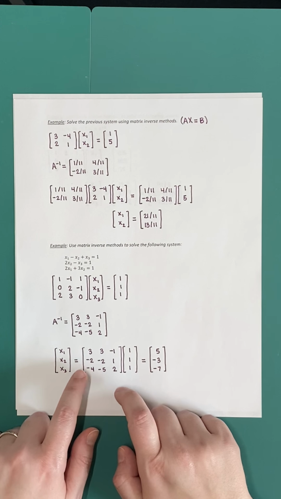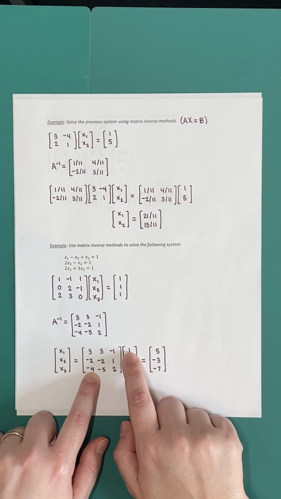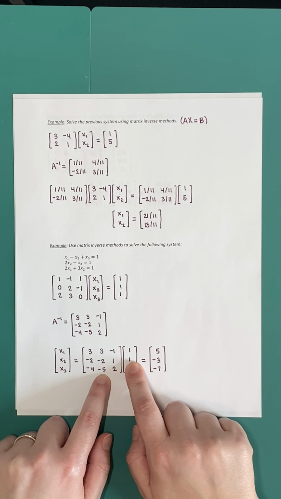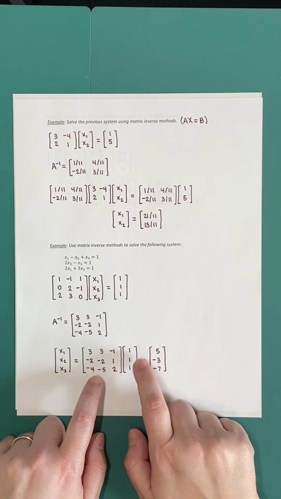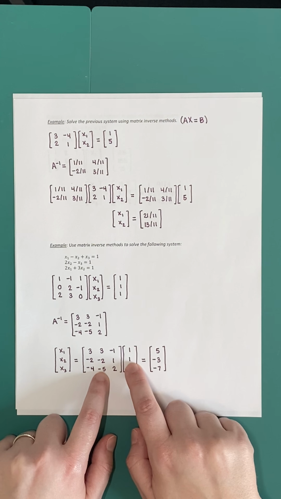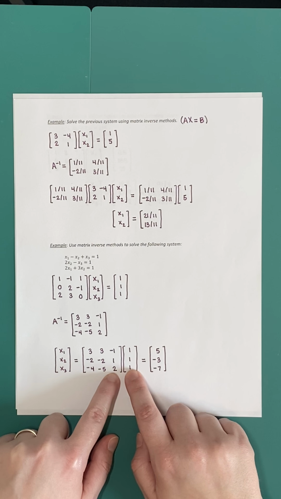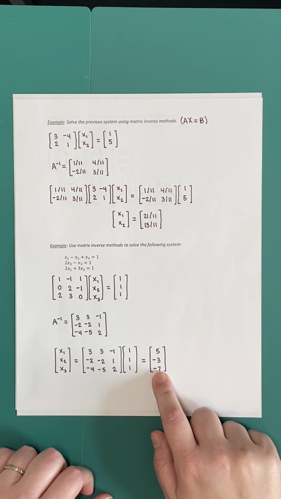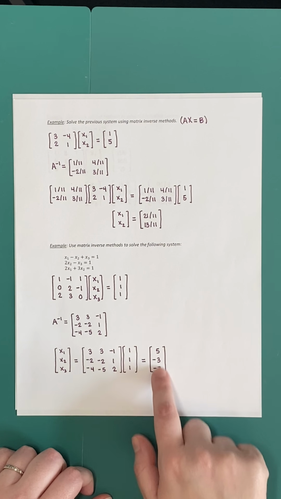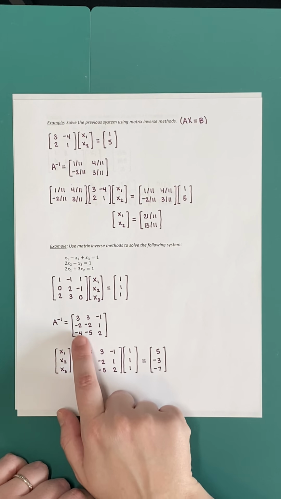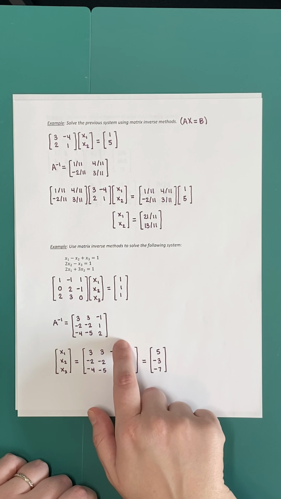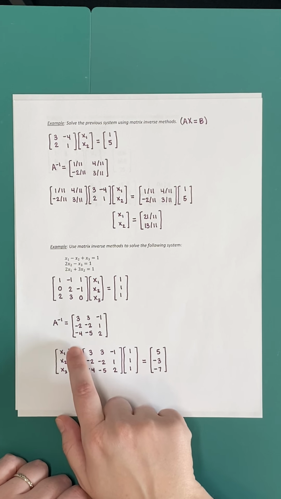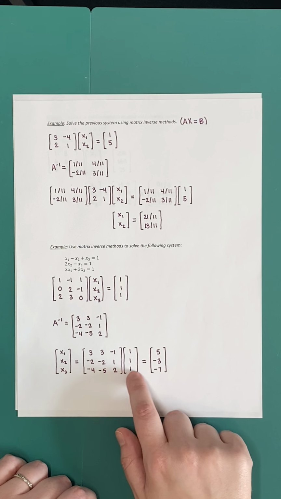And then our bottom row. Negative 4 times 1 is negative 4. Negative 5 times 1 is negative 5. So negative 4 plus negative 5 is going to be negative 9. 2 times 1 is 2. So negative 9 plus 2 is going to be negative 7. So this is going to be the column matrix we end up with. 3 by 3 multiplied by a 3 by 1 gives us a 3 by 1.